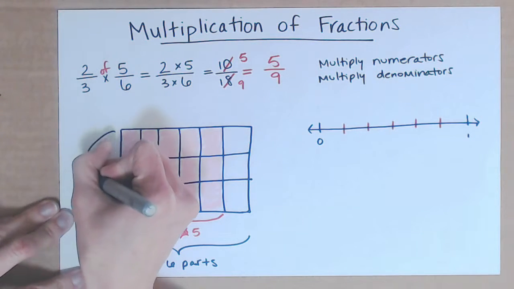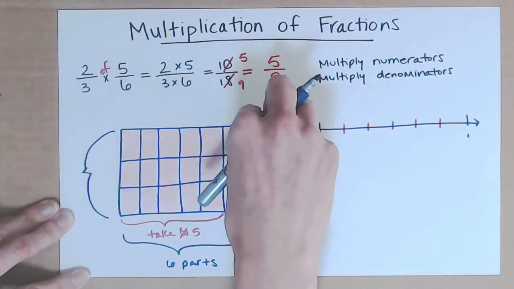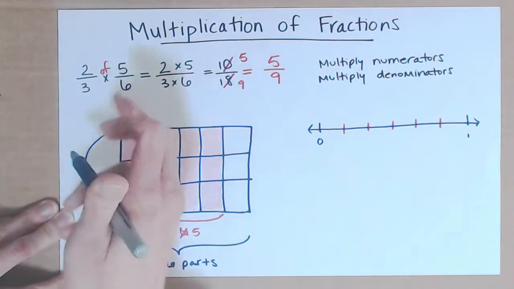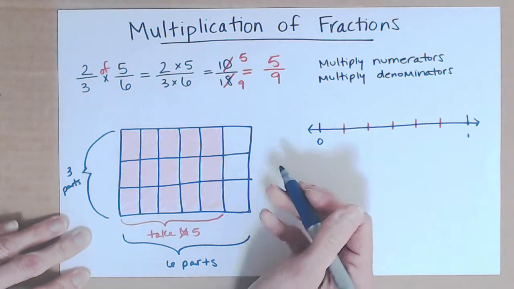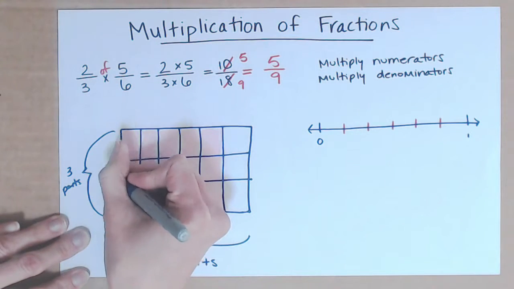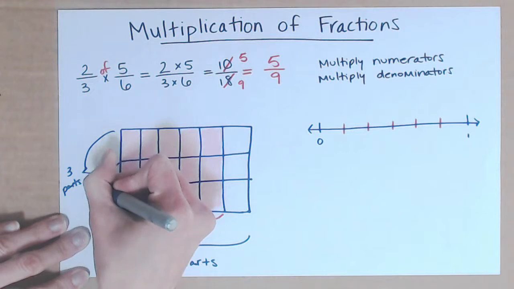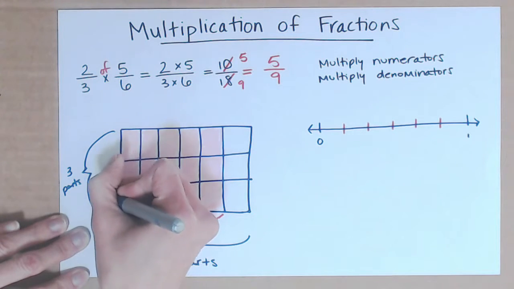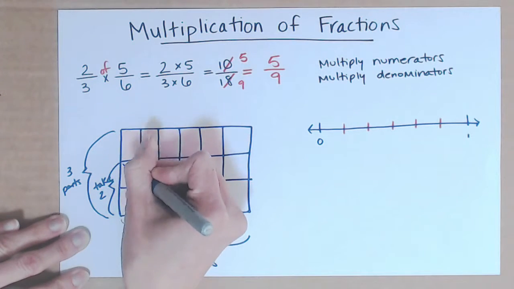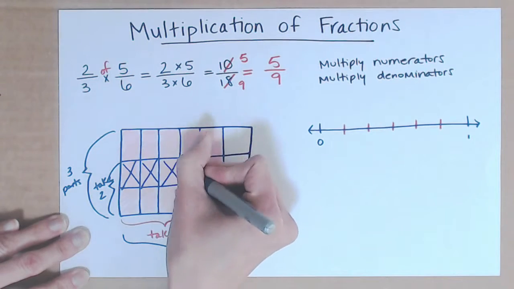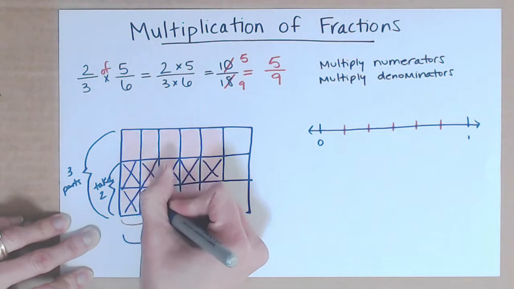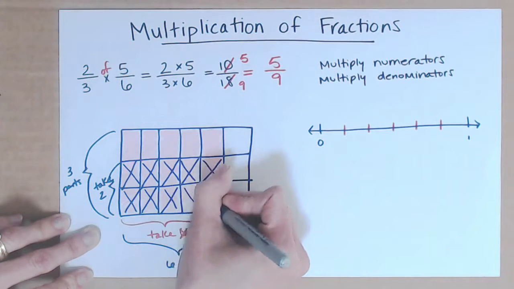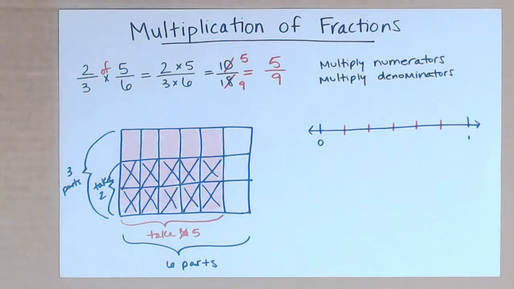Now we have 3 parts going this way, and we are going to take 2 of them. So we're taking 2/3. We take this whole row, which is 1/3 of that shaded area, and then this whole row, which would give us 2/3 of that shaded area.